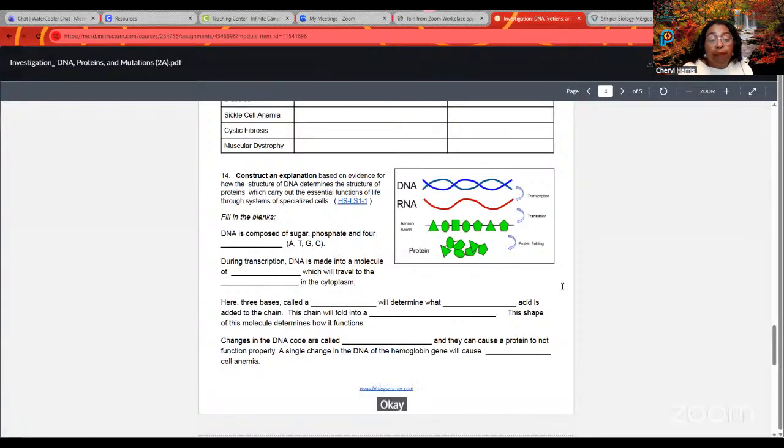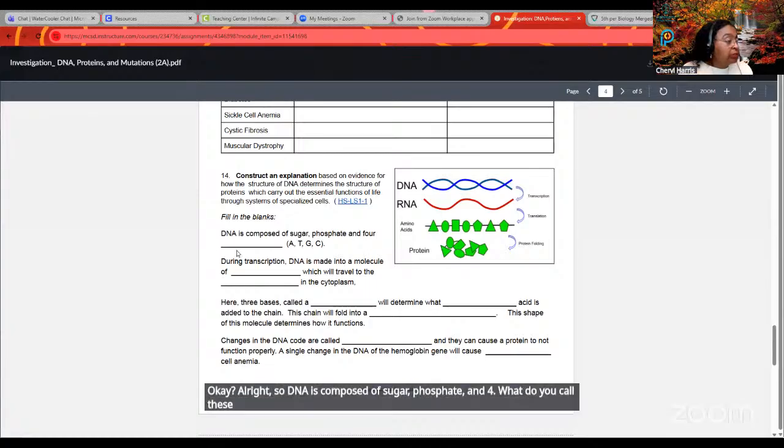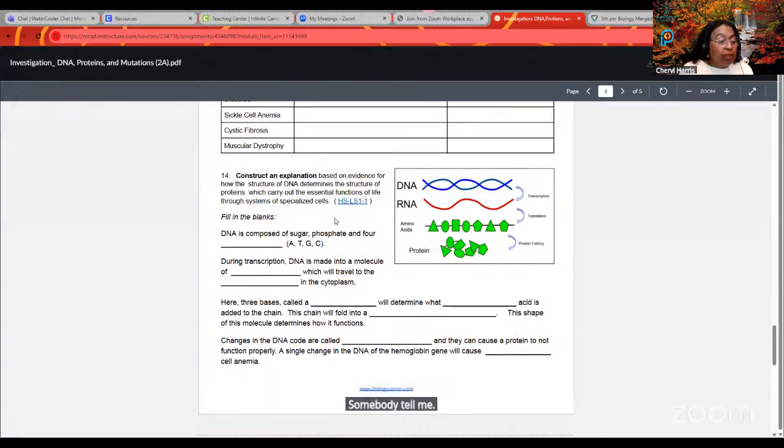DNA is composed of sugar, phosphate, and what do you call these four things? Amino acids? No, these four things, A, T, G, and C, are not amino acids. What are they? Nucleotides. Thank you.